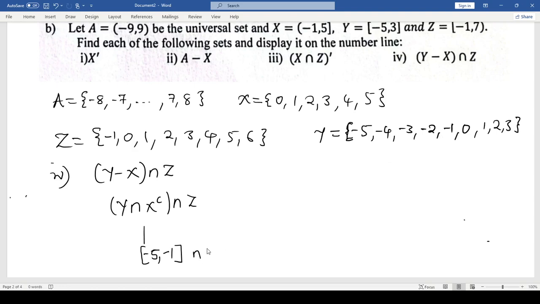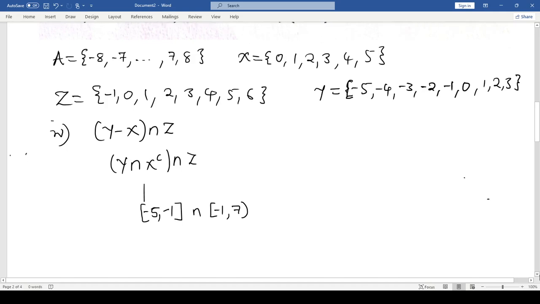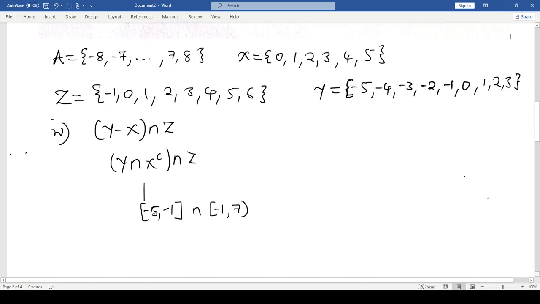Now, if we try to intersect this with the set z here, which is from -1 all the way up to 7, though it's not included this side, you notice that what we're simply going to have is just -1 being part of this set. So the only thing that's common between the set z and this set that we have this side is -1 there.